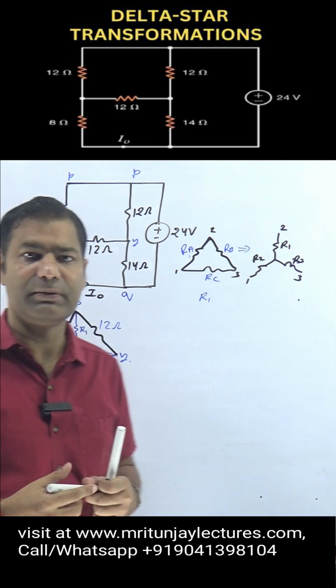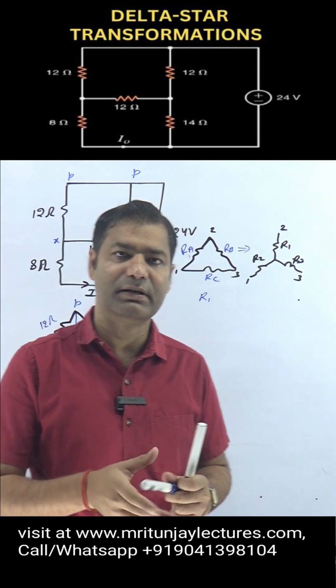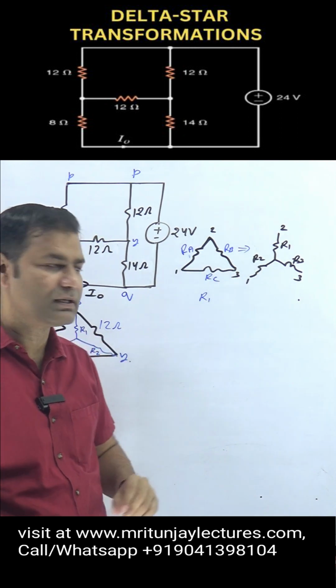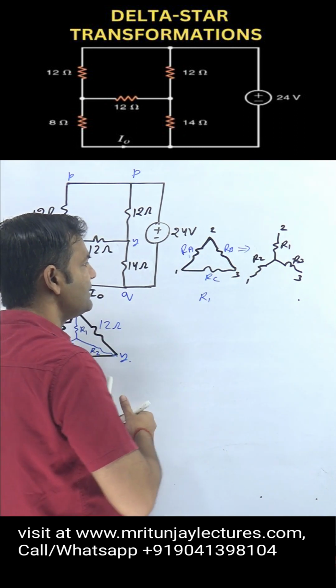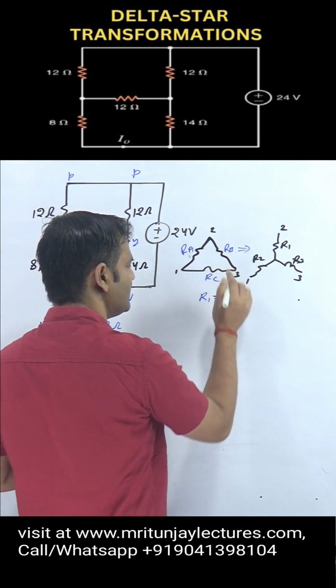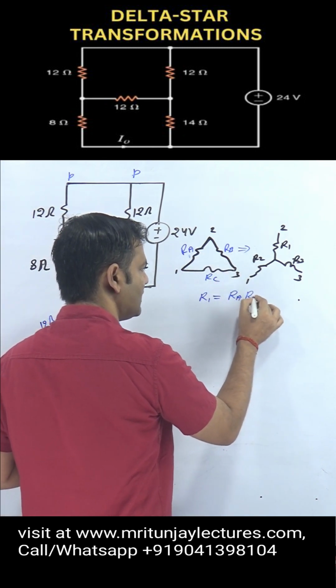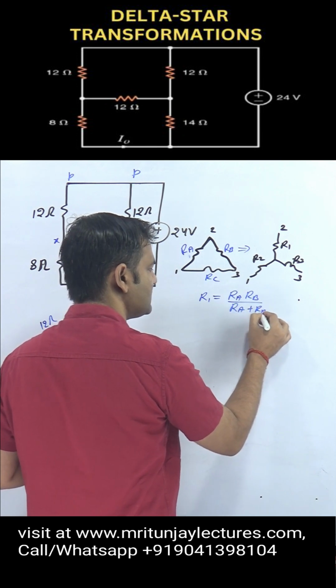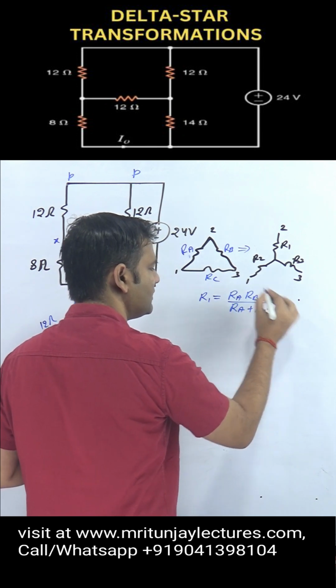What about the formula? If delta resistances are given and this one is converted into star, then R1 is RA into RB divided by RA plus RB plus RC. This is the formula.